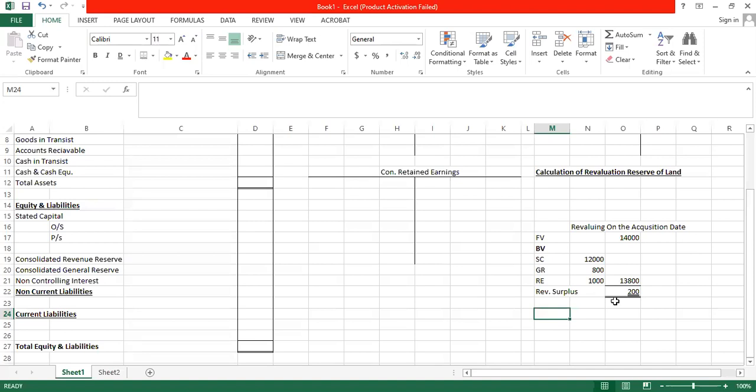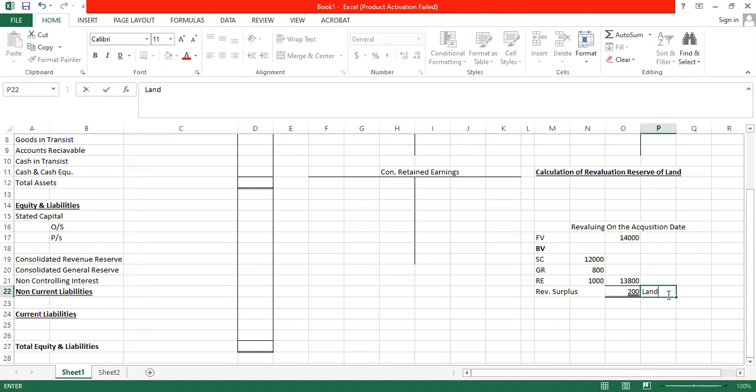The first adjustment: they say that the difference between fair value and book value of those assets is a revaluation profit or loss related to the land of Sita PLC. So this is the value increment of land. Land is PPE, a non-current asset of Sita PLC.